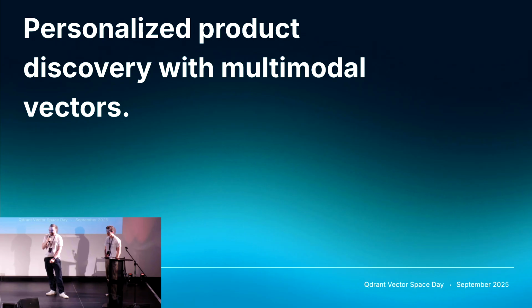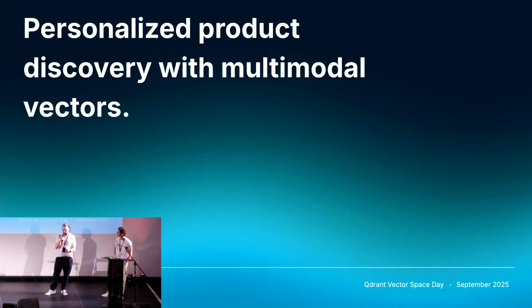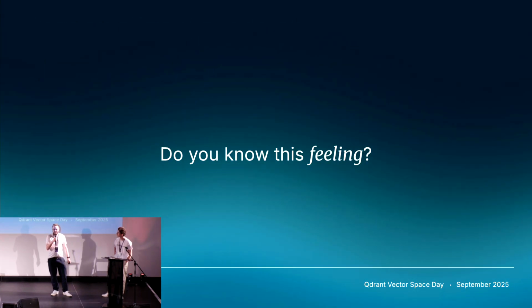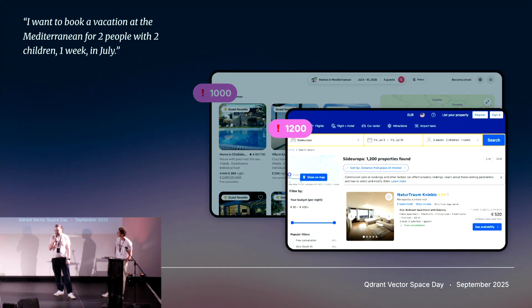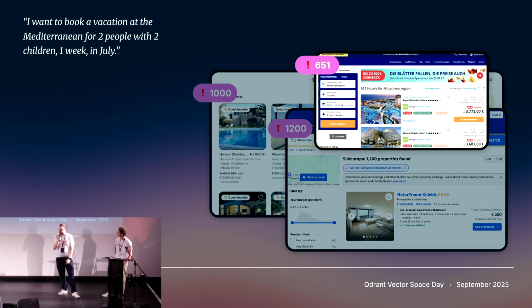And yeah, our topic today is personalized product discovery with multimodal vectors. What do we mean with this? But first of all, you probably know this feeling when you search for a vacation for your family, for example, at the Mediterranean, that you get so many search results that you can't comprehend it, and even if you apply filters, you're still getting too many results.